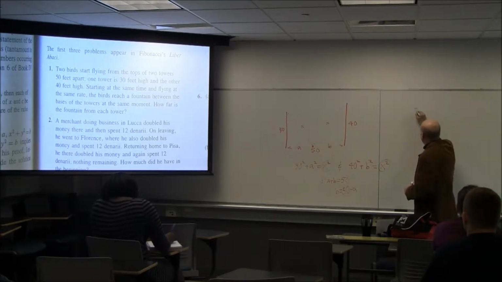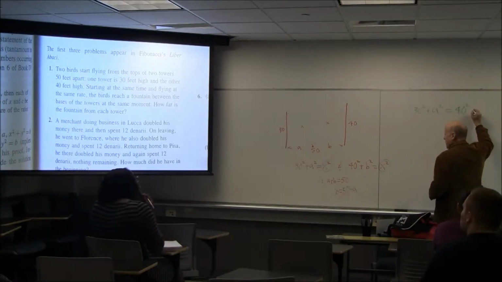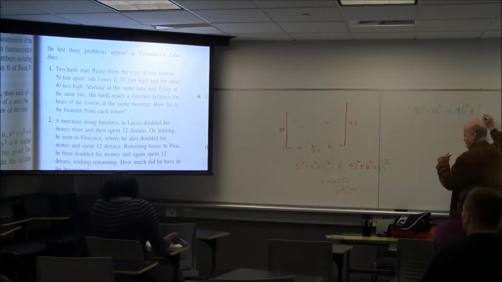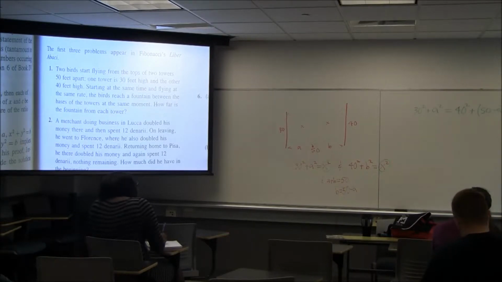So we get that 30 squared plus A squared is equal to 40 squared plus (50 minus A) squared. Well, that's a quadratic with A's. Maybe we can solve for A.